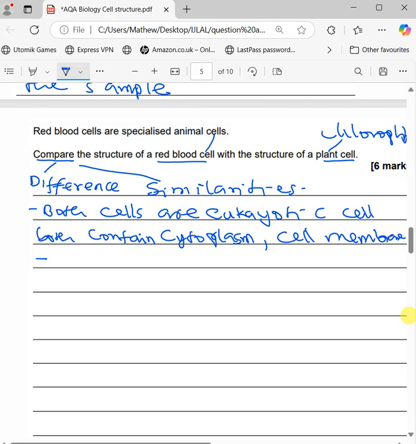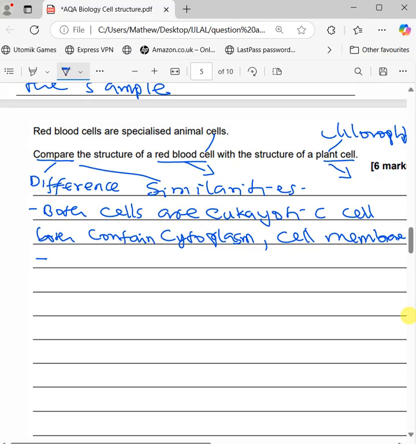This one contains hemoglobin to transport oxygen. Now, plant cells have a nucleus, but red blood cells do not have a nucleus. They are made from the bone marrow. The lack of a nucleus gives it more space to carry more hemoglobin to transport more oxygen around the body.